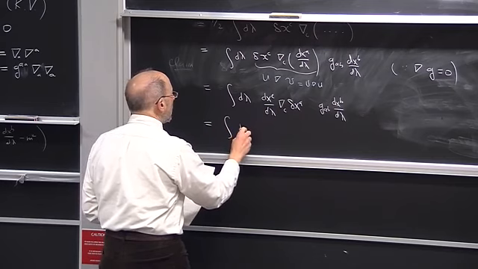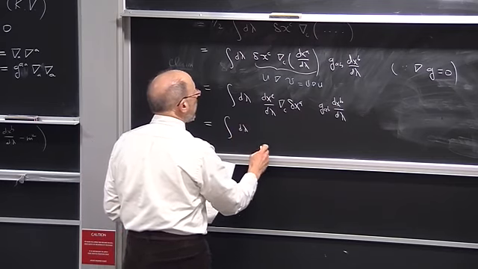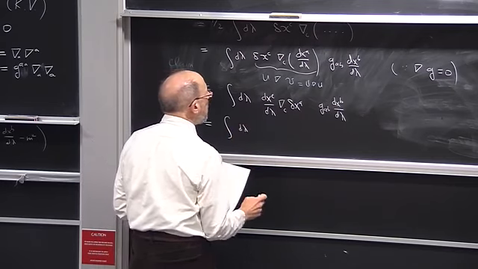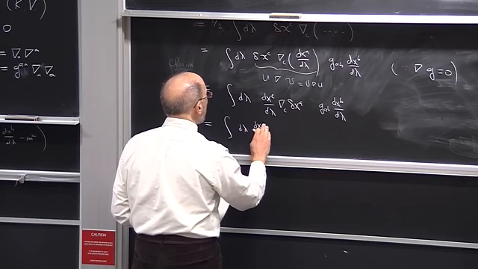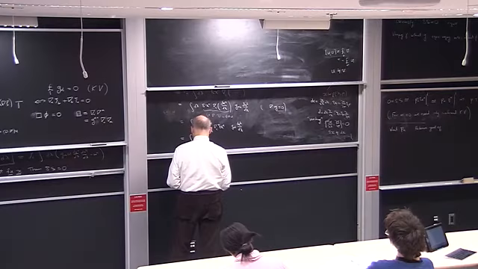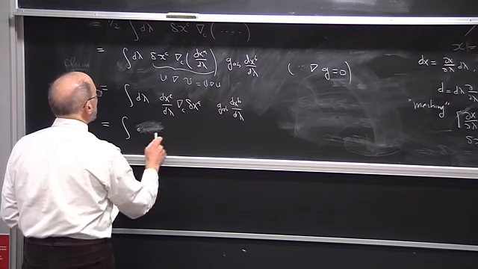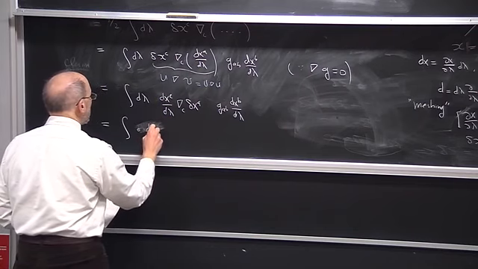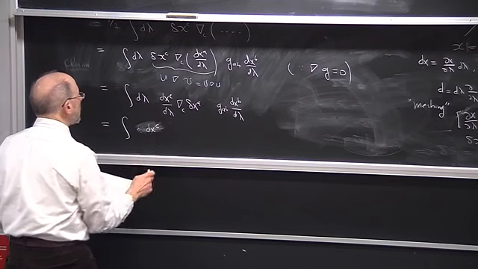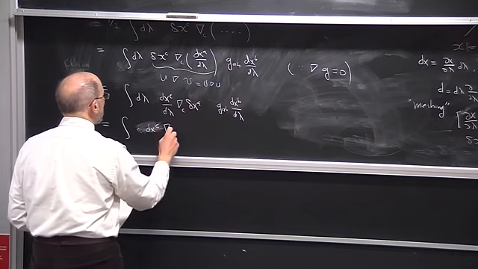So what do I want to do now? Let me cancel these. So I can just write this. I don't need these 2 lambdas here. So I have just dxc, gradient of c.